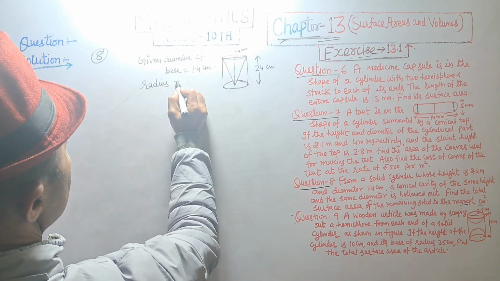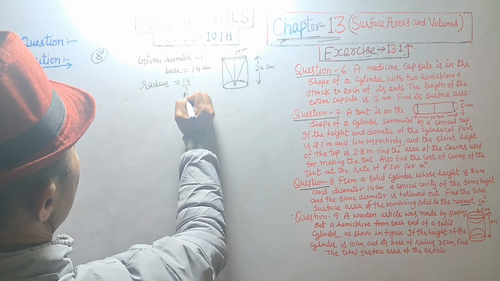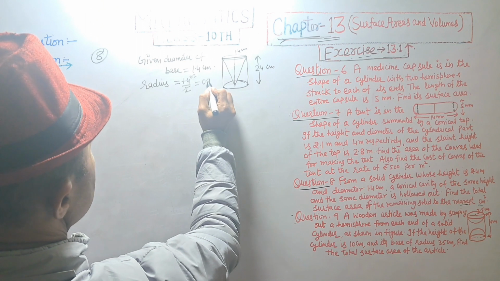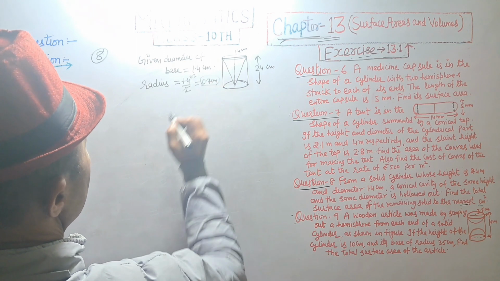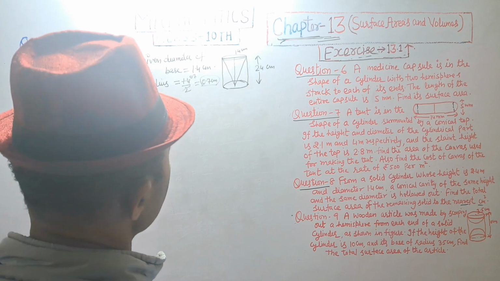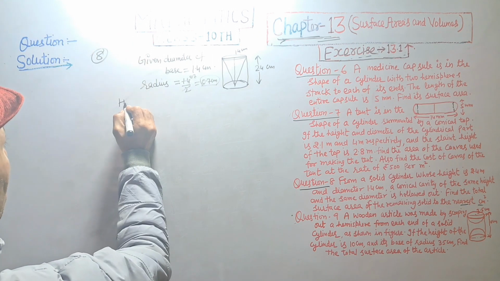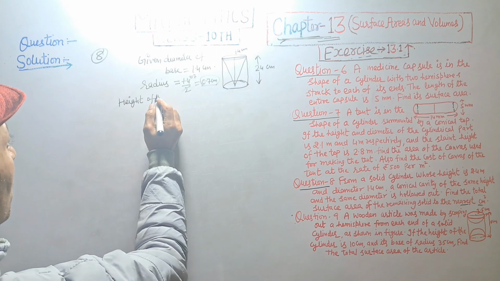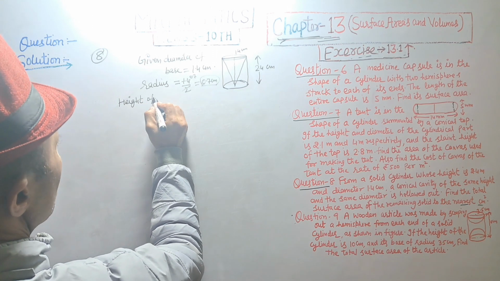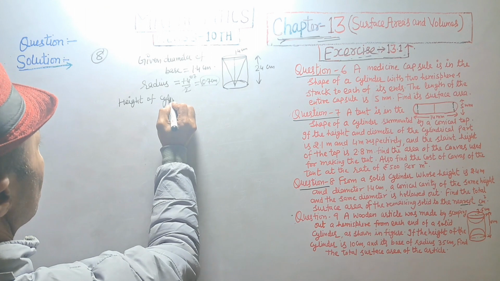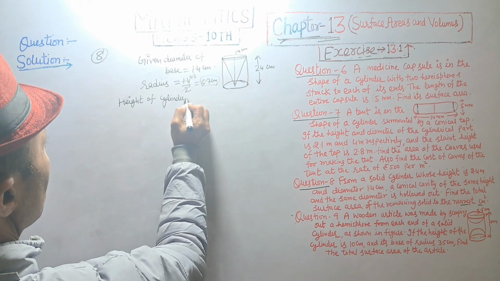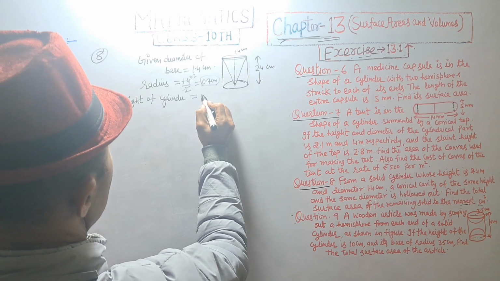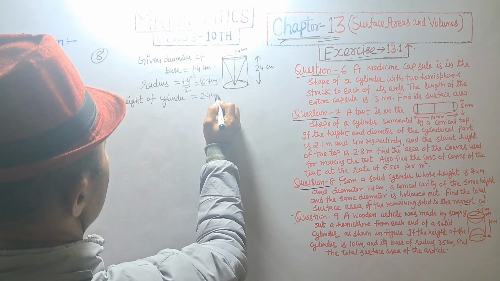Radius is equal to 1.4 divided by 2, that is equal to 0.7 centimeter. Height of cylinder is equal to 2.4 centimeter.